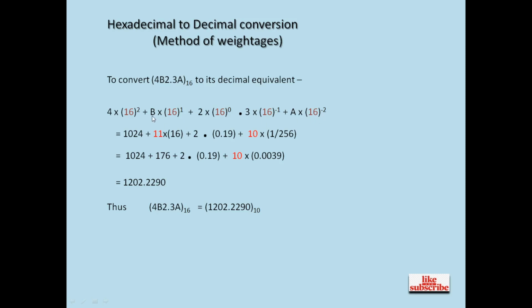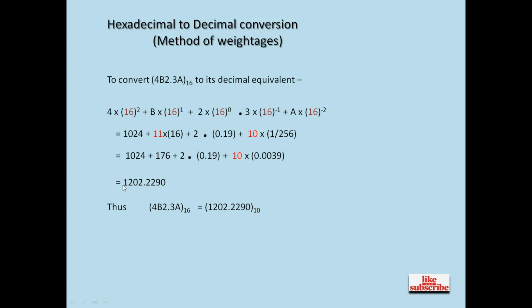Now there are these alphabets B and A, so these are replaced by their decimal equivalents. This B will be replaced by 11, this A will be replaced by 10, and when you multiply and find the individual weightages and add them together, you get the final numbers.